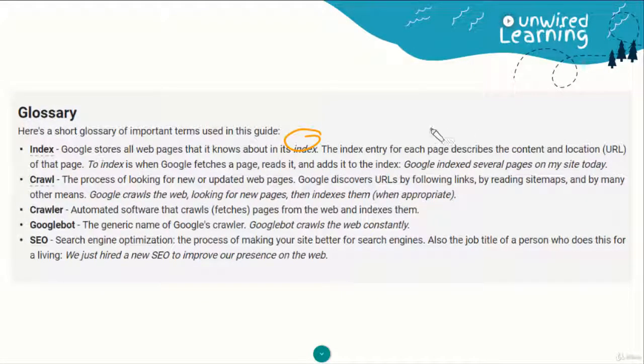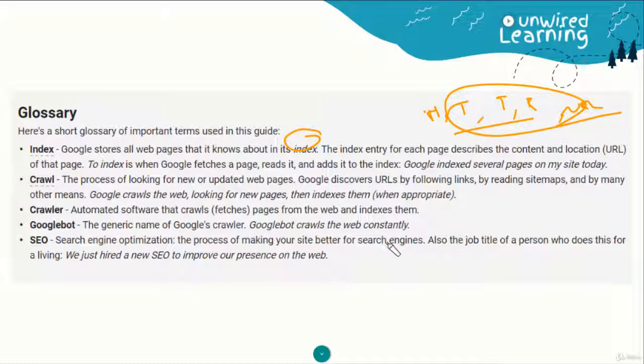So what Google actually stores is the header tags, the title and the keywords, and also the URL. So when someone says Google indexed several pages of my site today, that means Google actually stored those pages in its database today. So now those pages will be coming into the search results.